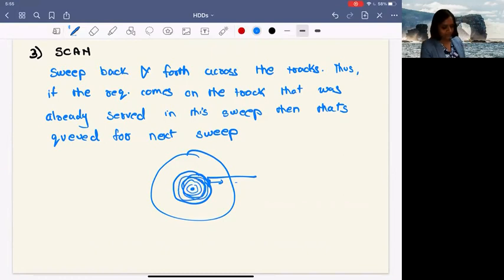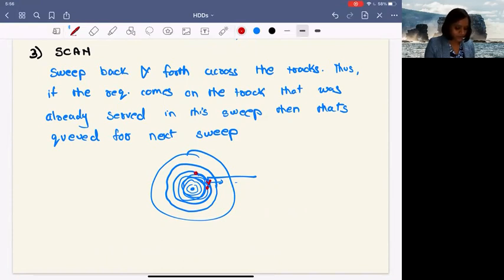We are here and we are further going on to serve the IOs that lie in the outside tracks, such as this one. And at that time we get another request on a track just inward of that, or maybe we just completed serving this track and we get a request on the same track.